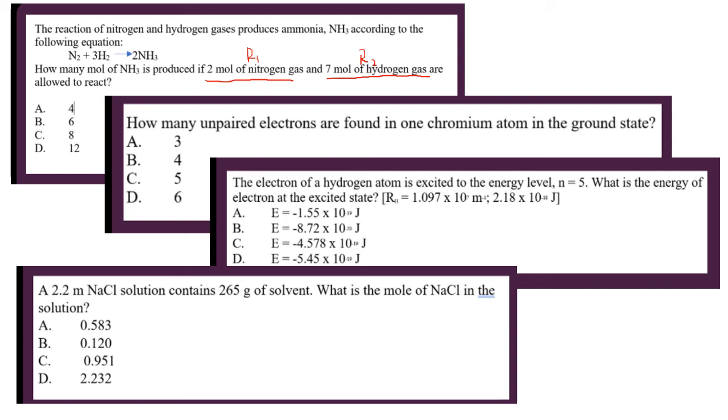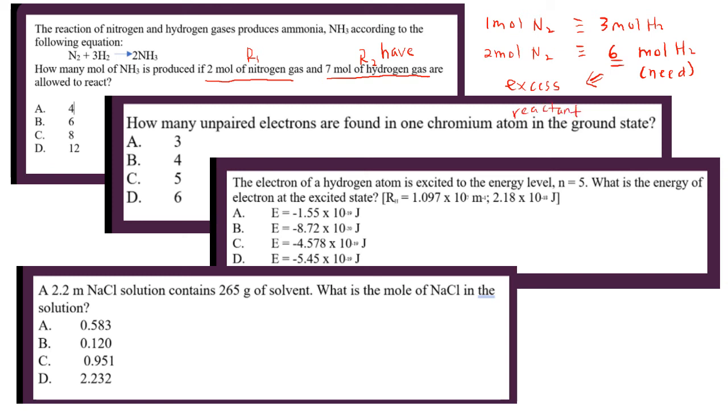Based on the question, 1 mole nitrogen reacts with 3 mole of hydrogen. But in this case, we have 2 mole nitrogen, so we need 6 mole of hydrogen. This is what we need, and this is what we have. So it's very obvious, hydrogen is the excess reactant. If it is the excess reactant, then nitrogen is the limiting reactant.